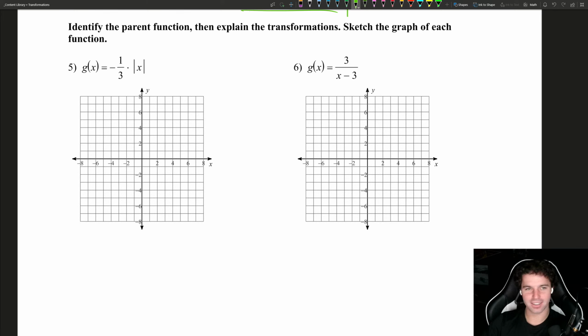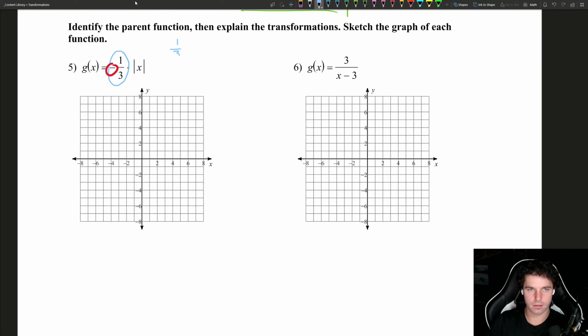Hi, Jack. So what we're going to do is kind of the same thing in reverse order up top. We have a function, and we just have to explain each of these pieces, right? So there's the 1/3, and then there is the negative, and that's really all we have to explain. The 1/3 is on the outside, so that is a vertical something, right?